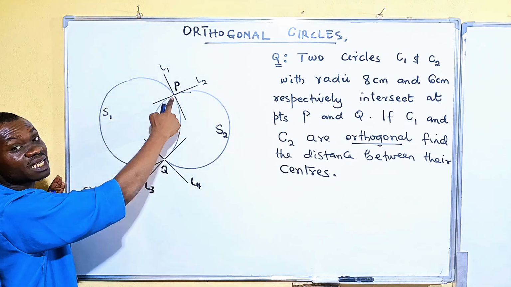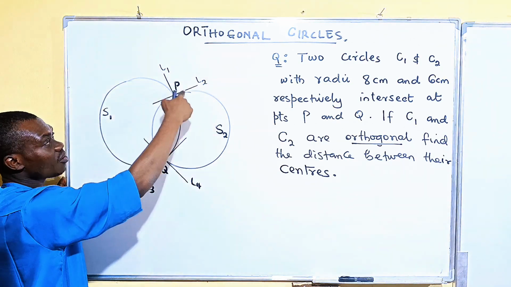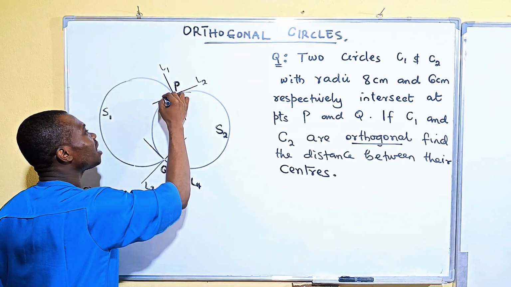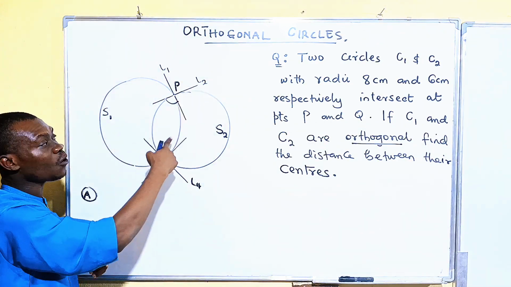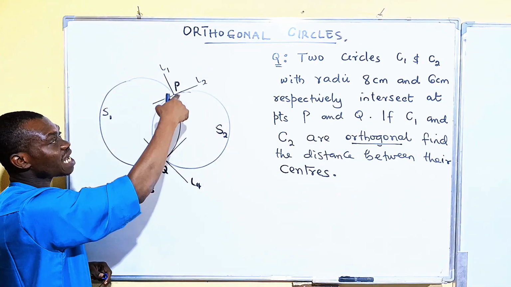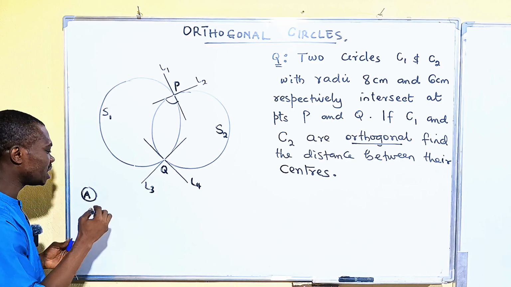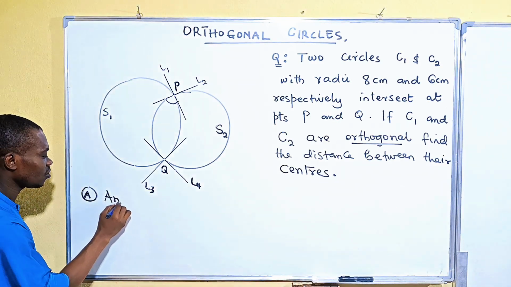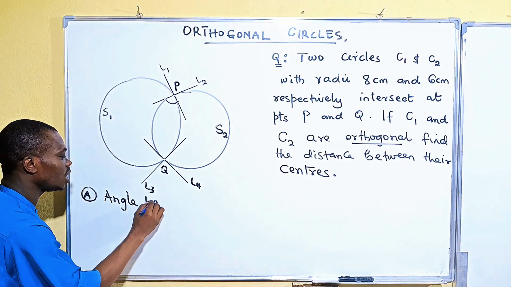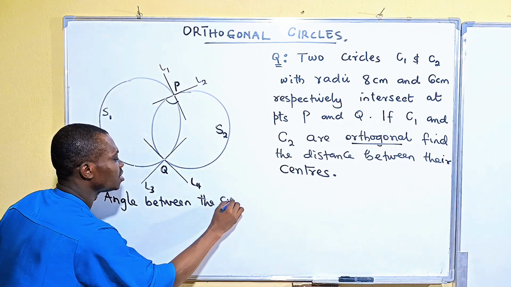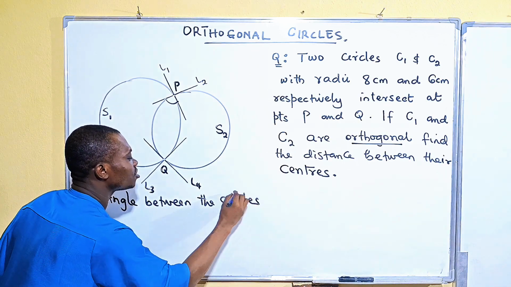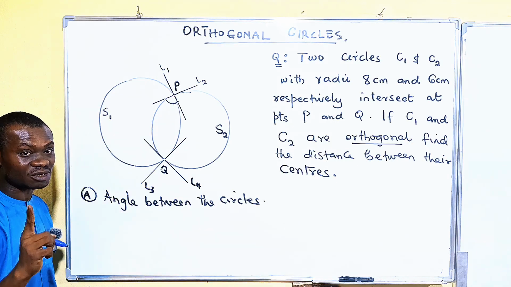So here you can see there's a point of intersection, and you have tangents. The angle between the two tangents formed on the two circles at that point is called the angle between the circles.